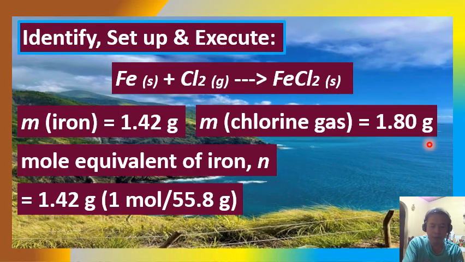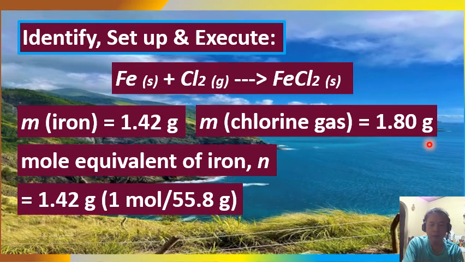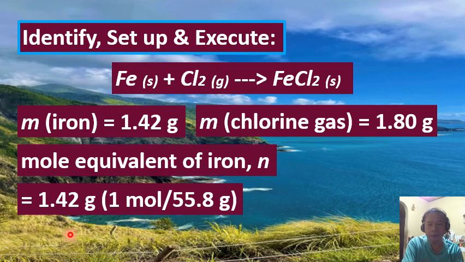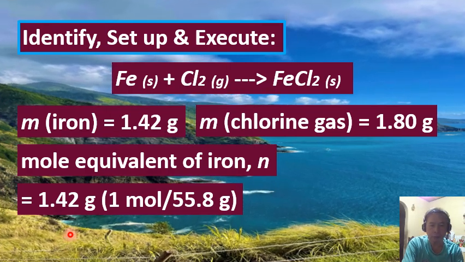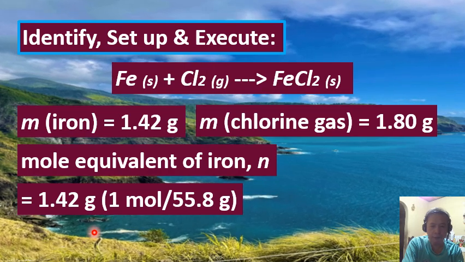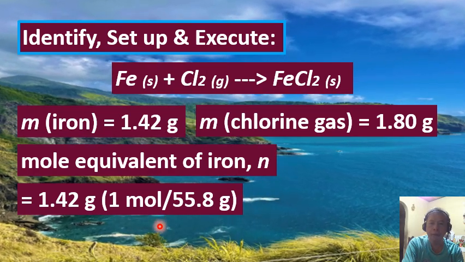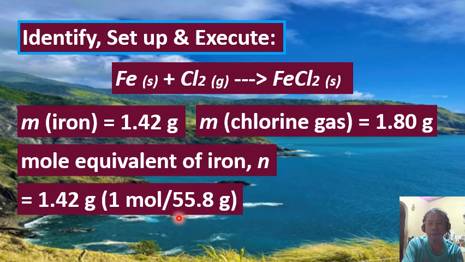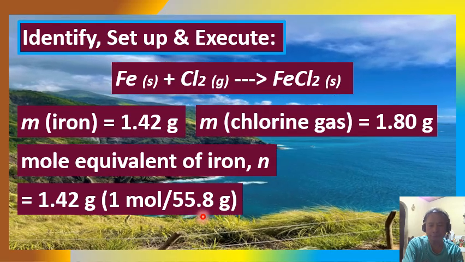So we find the mole equivalent of this amount of iron, 1.42 grams, by just dividing it by the molar mass of iron.